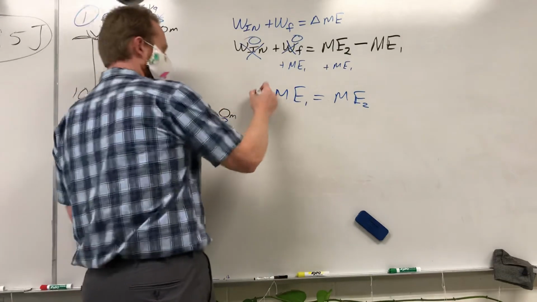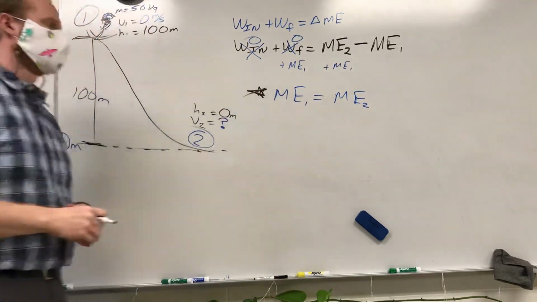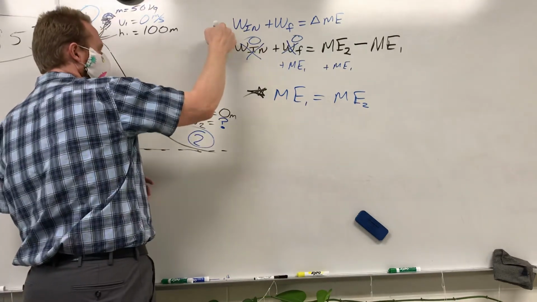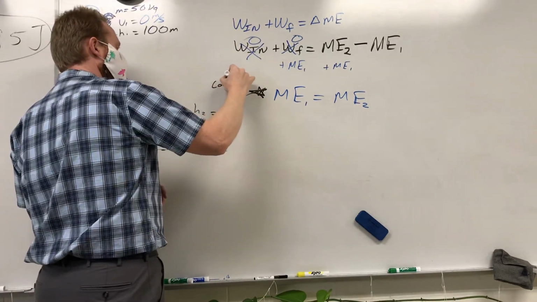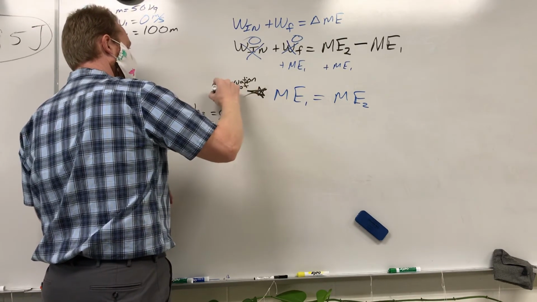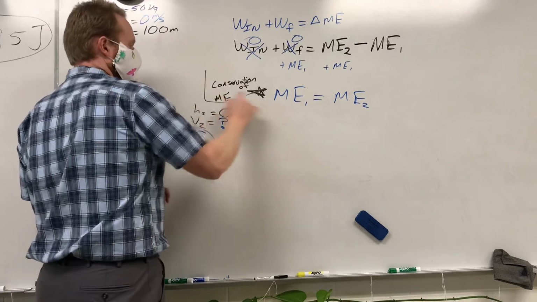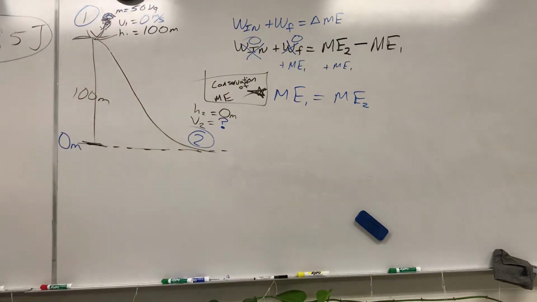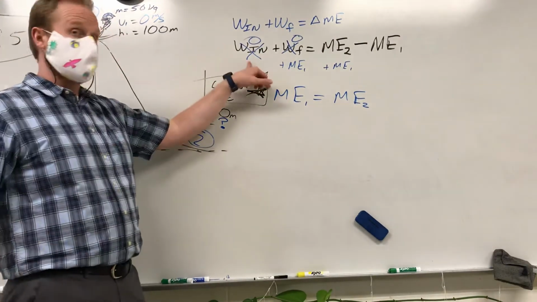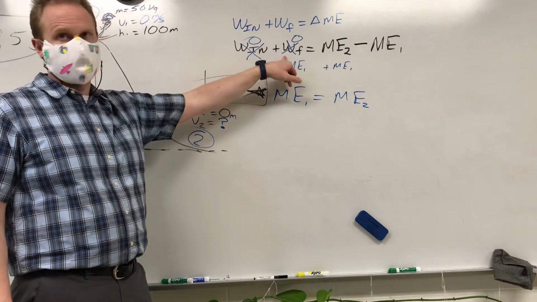This ME1 equals ME2 is a special variation of this equation that is referred to as the conservation of mechanical energy. Conservation of mechanical energy only exists if there are 2 conditions that need to be met: there's no work in, and there's no work done by friction.